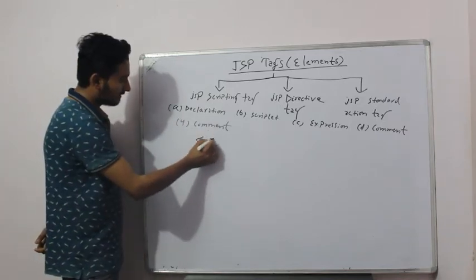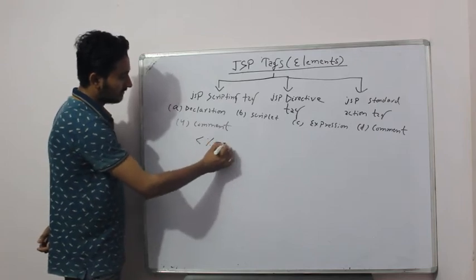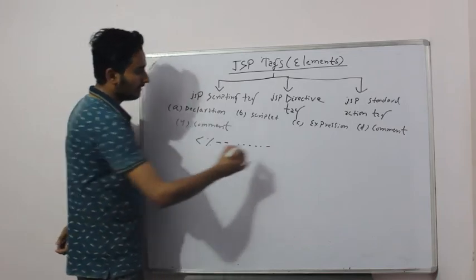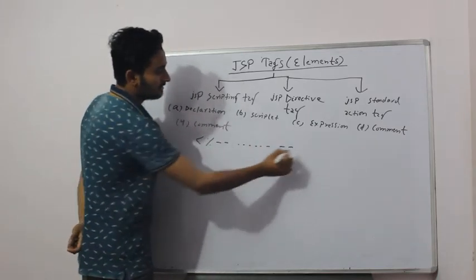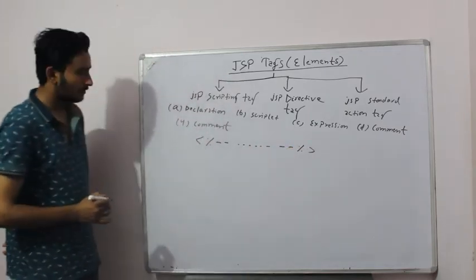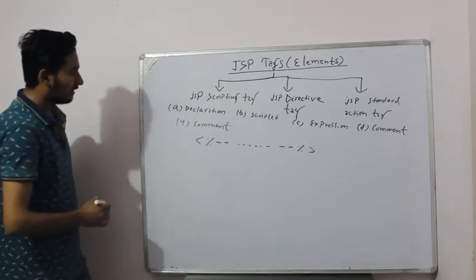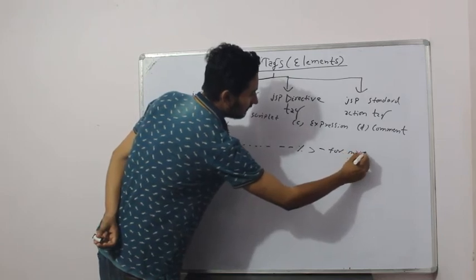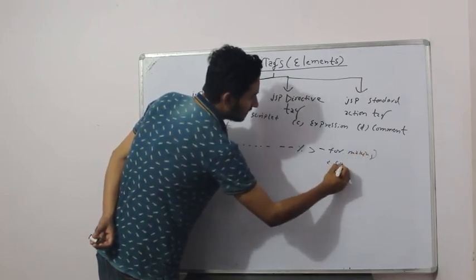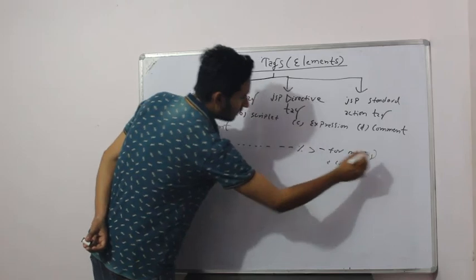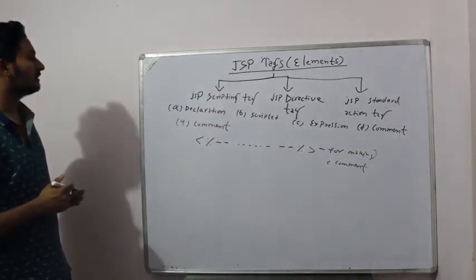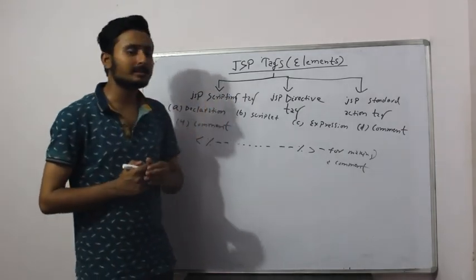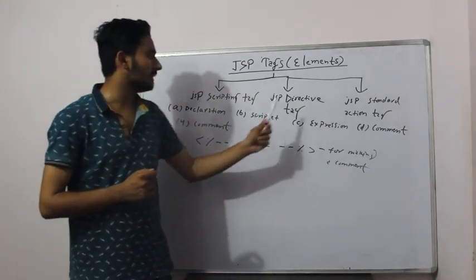The syntax is like this: percentage hyphen hyphen. Here you need to write the comments, then close with two hyphens and the percentage. For example, this is for making a line comment.